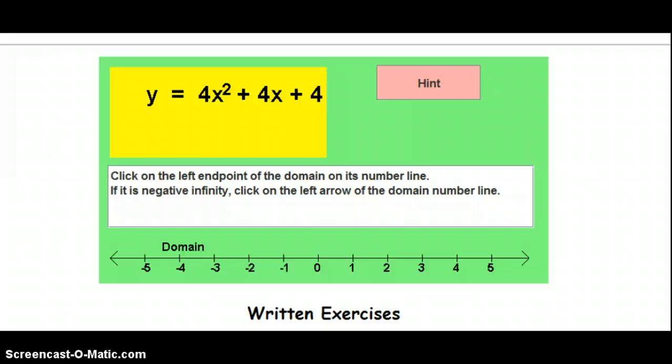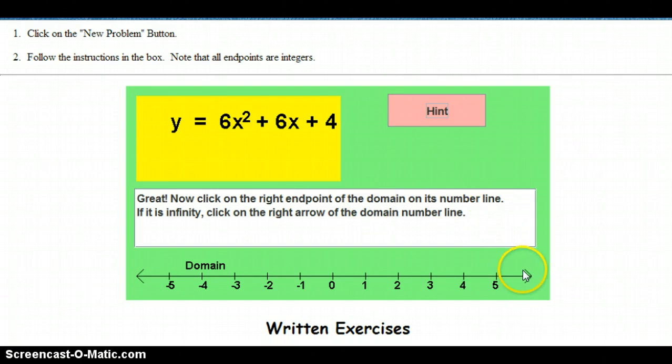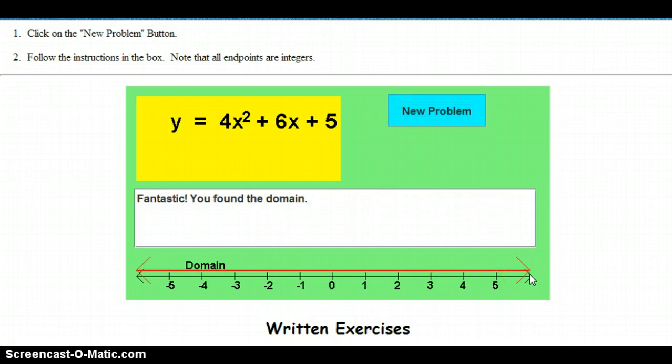But with these type of equations, you really want to know that once you graph it, you'll get a parabola. And with this parabola, you should know that it would go on towards -infinity and positive infinity.